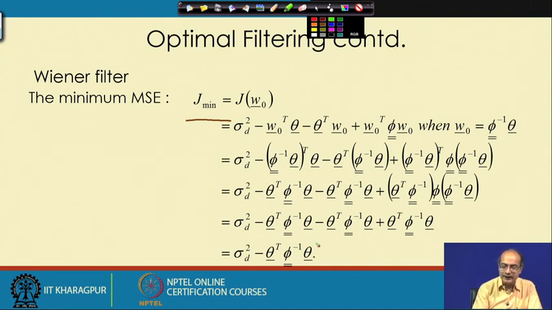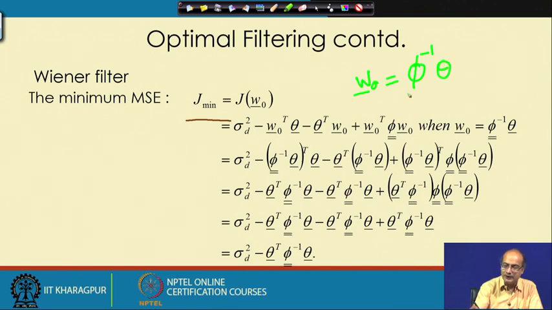Okay. So, this minimum error we have taken here as J min, and for that we are simply replacing the tap weight with the optimal value of the tap weight, and that is W 0. We know that is equal to phi inverse theta. Okay. So, we need to use the proper notation for that.